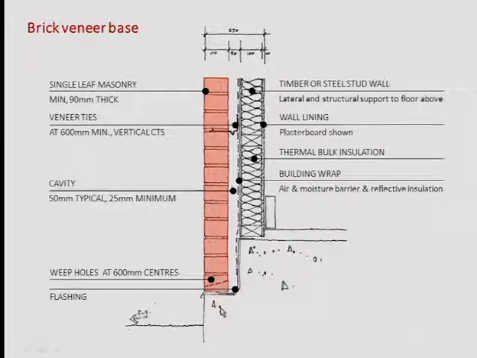So first find that. The second element we need to place is protection, a barrier. So we need to protect the structure, the insulation, and all the other things. So the second thing we need to look at is the waterproofing and the vapor barrier. And it's this line here. So you see it's placed on the external side of the wall because this is meant to protect the structure. All right?